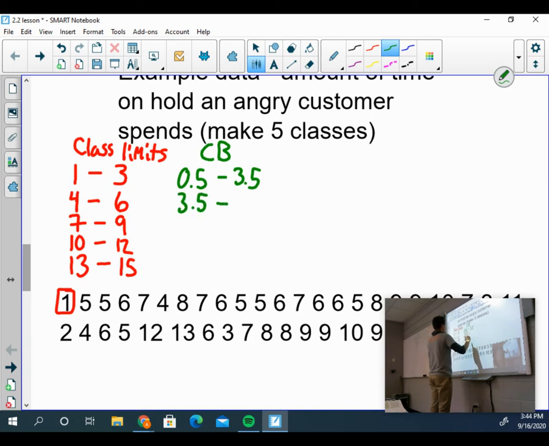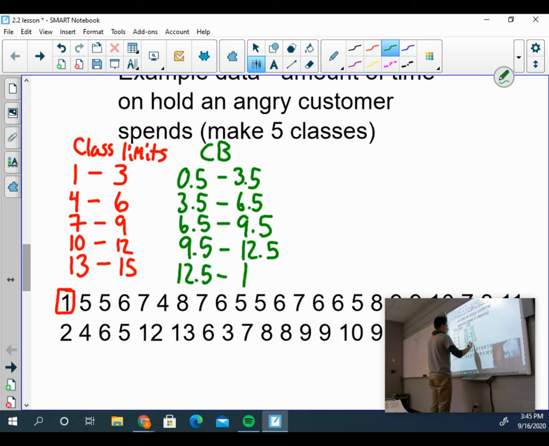When I do this by adding and subtracting the 0.5, I get bars that will now touch. All I have done here is add 0.5 to my upper class limits and subtract 0.5 from my lower class limits. This enables the bars to touch.